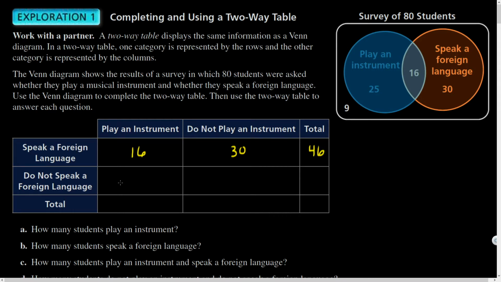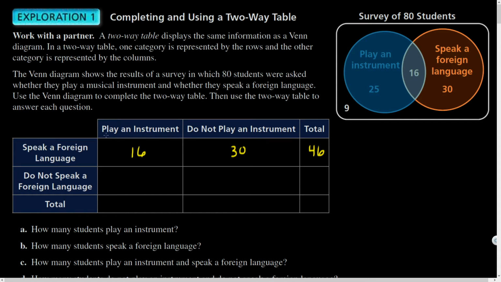How about students who do not speak a foreign language? Now, actually, which way could make more sense? All right. Actually, let me work it in this column. There's a few ways I could do that. I could have calculated that this way, but I'm going to read it this way. How many students play an instrument and do not speak a foreign language? The negative there, for some reason, makes it harder to read first for me.